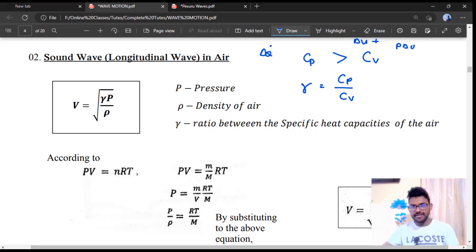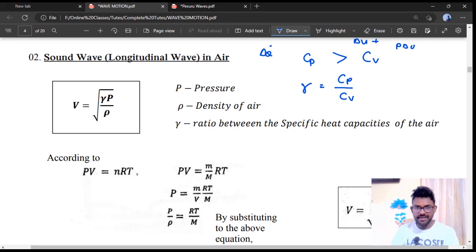That's Cp over Cv, which is around 1.4, but it differs with the air that we are using, the quality of the air. So that will be given if you are asked to calculate a certain velocity using this equation. So gamma is basically the ratio between the two specific heat capacities.